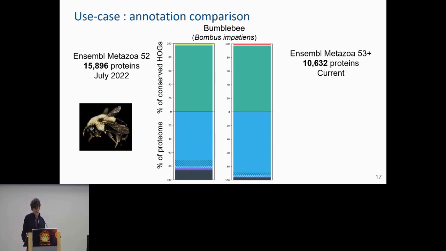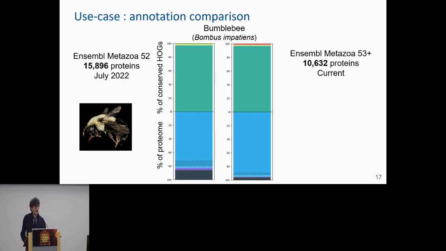In the previous version of Ensembl from July 2022, there were 16,000 proteins in these genomes, but OMArk did detect that a significant portion of them had no homologs and were structurally doubtful.